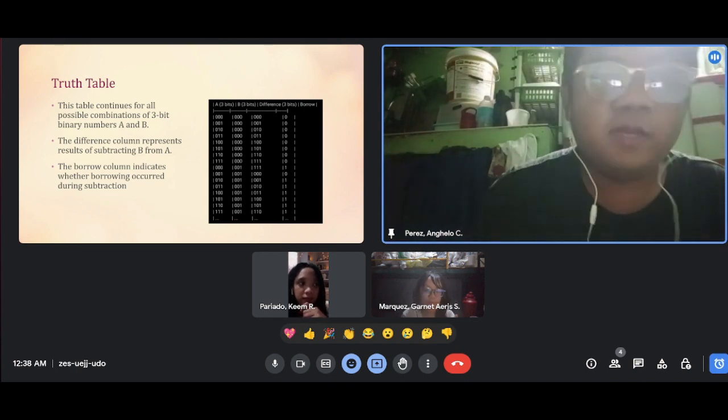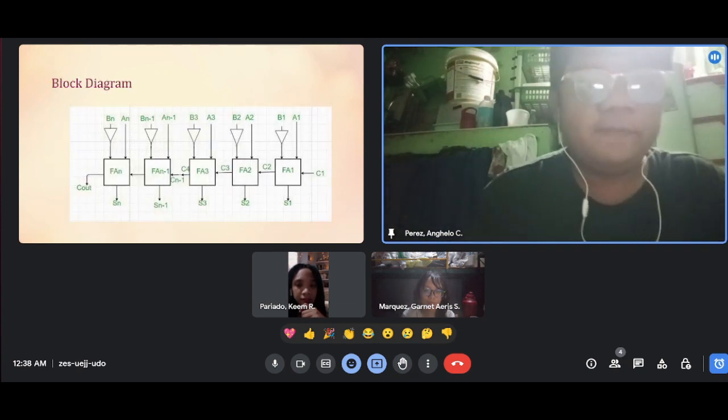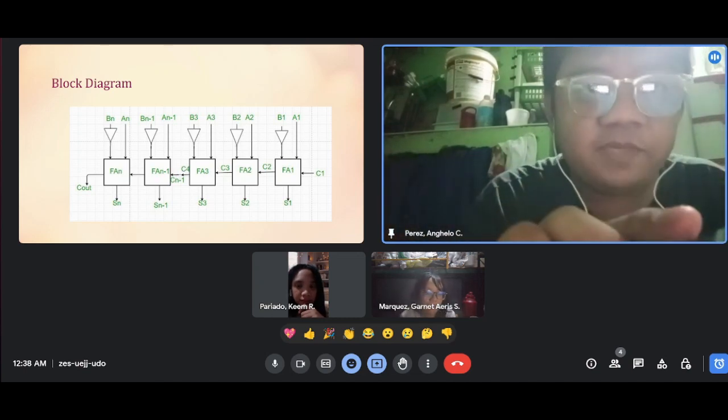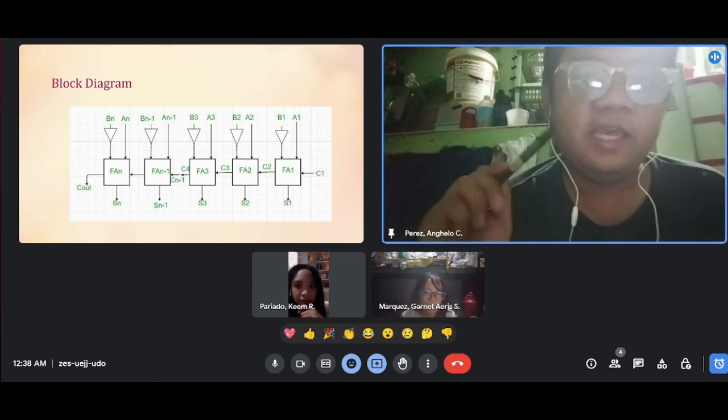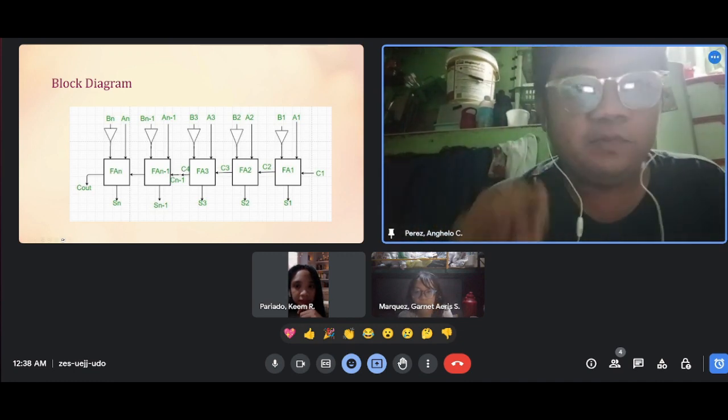Next, the block diagram. To explain the block diagram, the ones you see with a triangle, we start here with B1, A1, A2, B2, A3, B3. Those are what we call the inputs.